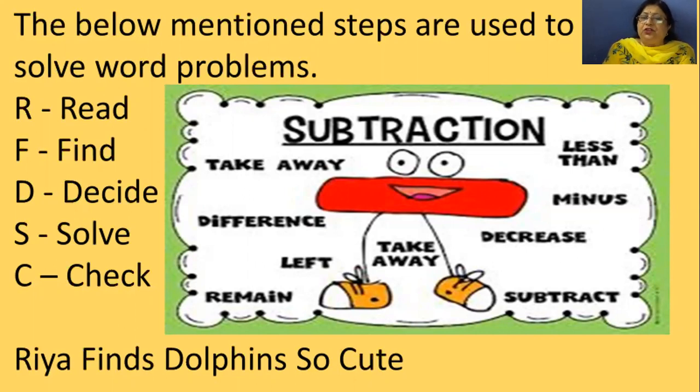Once you've decided what you have to do, you have to add or subtract or multiply. Then you have to solve it. And then once after solving, you have to check. Always check and recheck your answers in mathematics. If you don't check and recheck, you can make small careless mistakes.